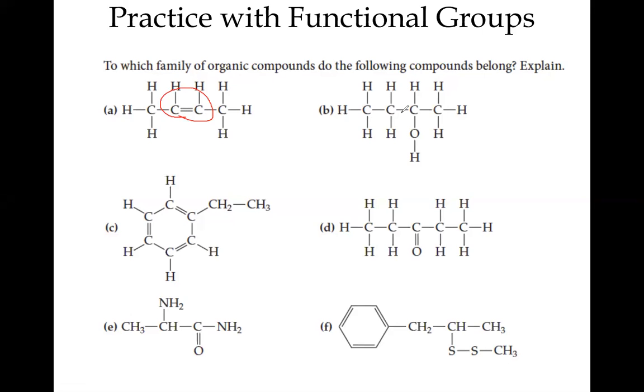For B, we just have carbons and hydrogens, but oh, look here. Here's this hydroxyl group. So that's going to be an alcohol. For C, look here. We have a 6-carbon ring with alternating double bonds. That must be an aromatic compound.